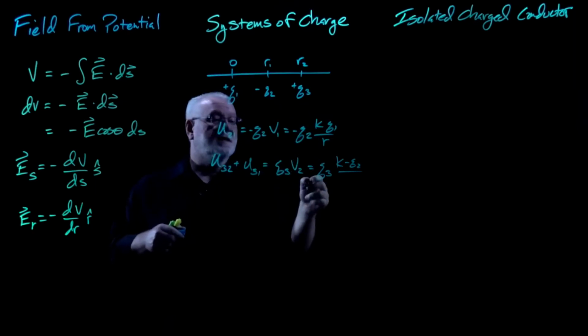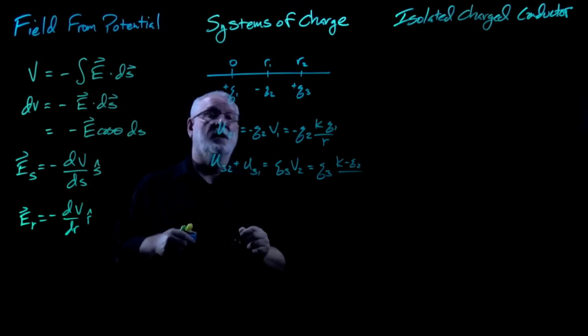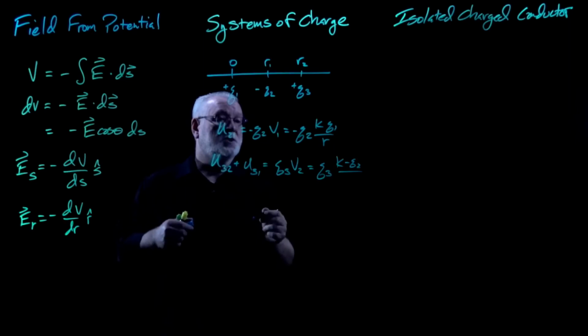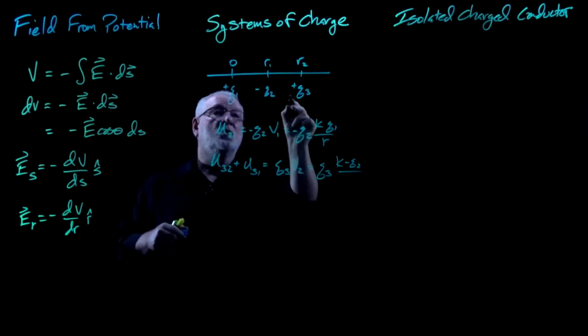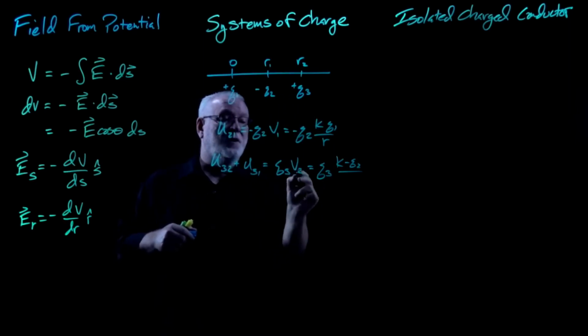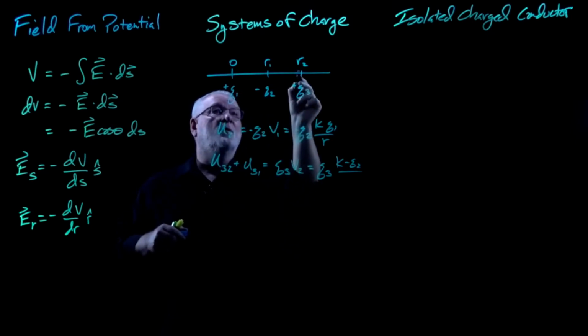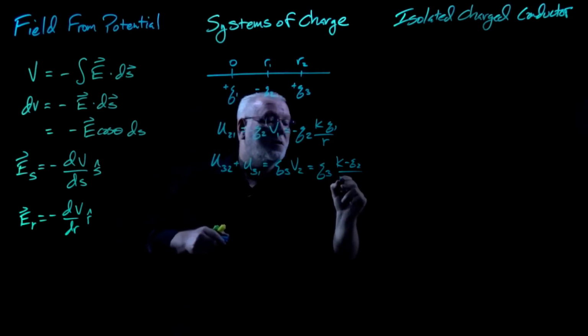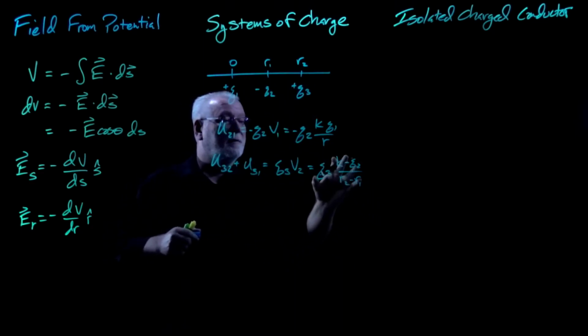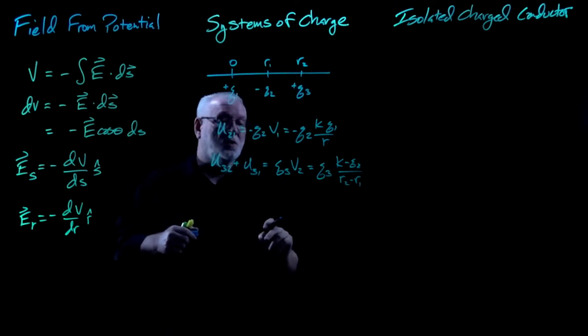And the radius in this case is the Q2 to Q3 radius, because it's between those two, which is going to be equal to R2 minus R1. So R2 minus R1, and that'll be the distance between them. So there's the Q2 to Q3 part.